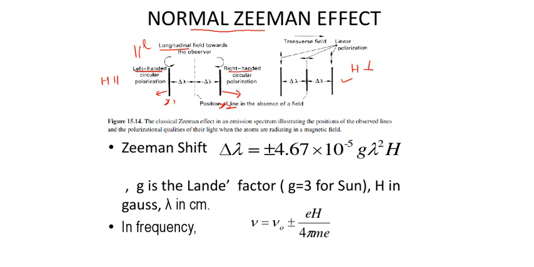So in the case of splitting into three, the original line is unpolarized, but the central line is perpendicularly polarized, and the other two lines are also linearly polarized, but in the opposite direction. So you can note down these symbols that are shown here, showing the polarization direction.